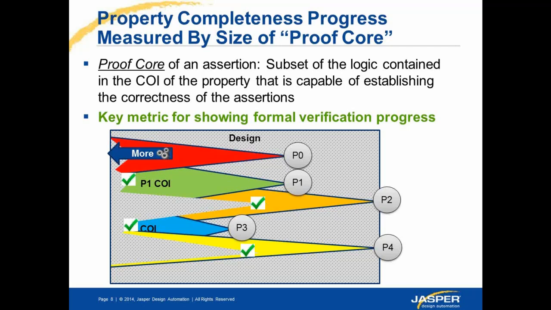The tool will find you a counterexample for that particular bug. So what does this tell you? Observability. Any point or any portion of RTL in that cone is observable by 1 or more assertions in your design. So proof core metrics can be used to answer the questions of property completeness and observability of different portions of your RTL vis-a-vis the assertions you have specified.